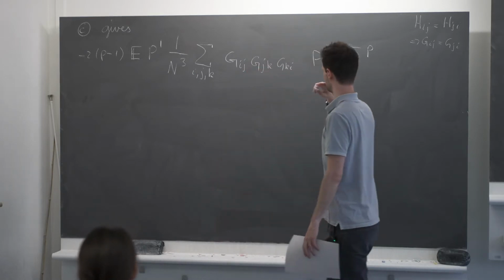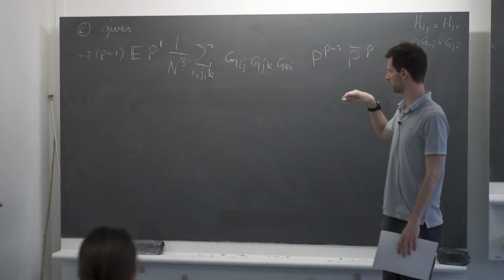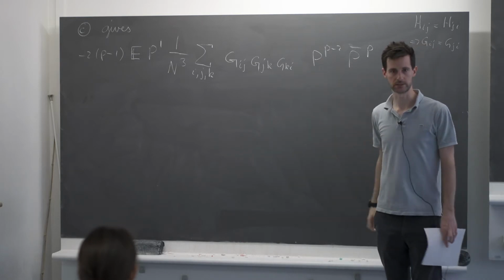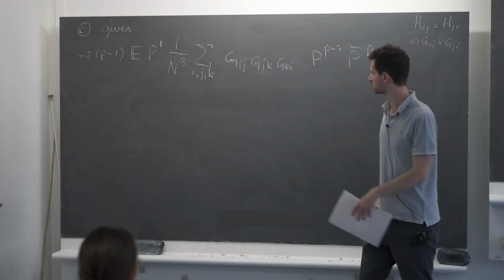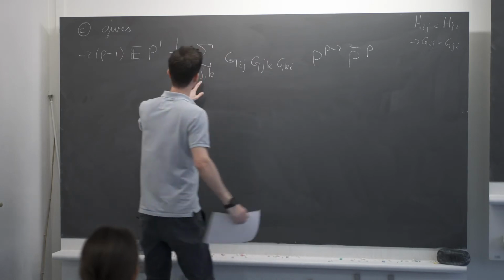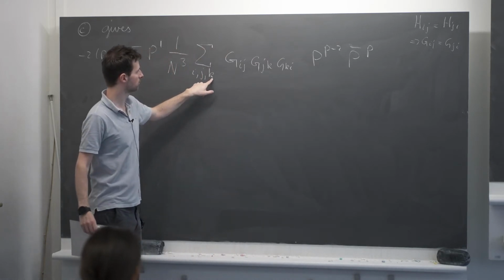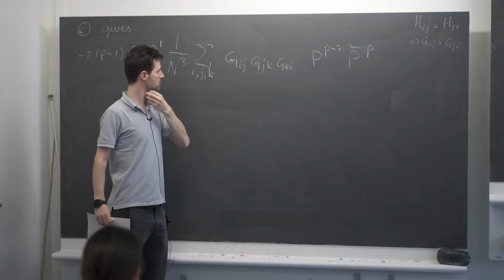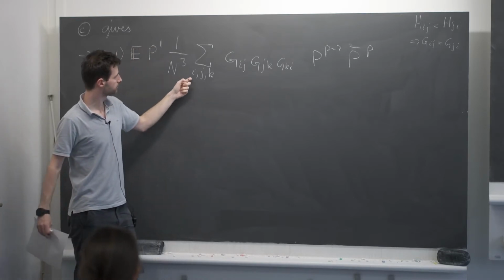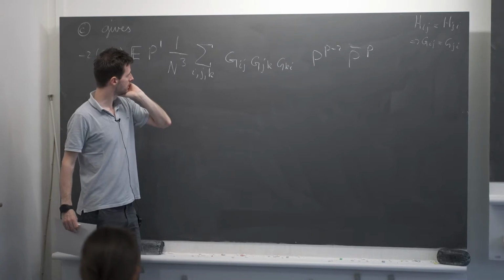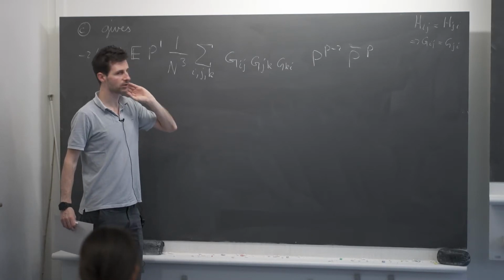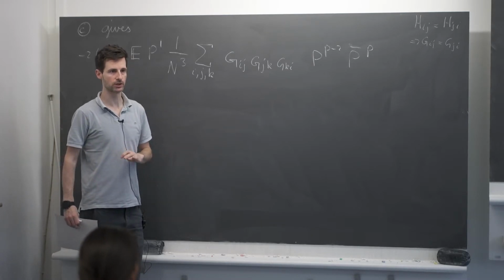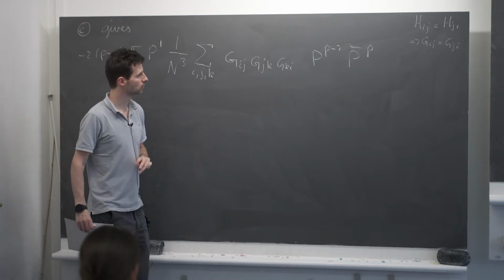If you take absolute values, you can try to involve the Ward identity in here somehow. And of course, for example, if you fix i and j, you can sum over k using the Ward identity and some Cauchy-Schwarz. This will work. But then you are stuck with the i and j, and you are not exploiting the summations in a strong enough way to get what we want.